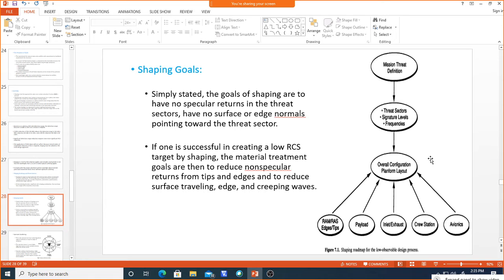Okay, and if one is successful in creating a low RCS target by shaping, so by using shaping techniques, then the material treatment goals are to reduce non-specular returns.